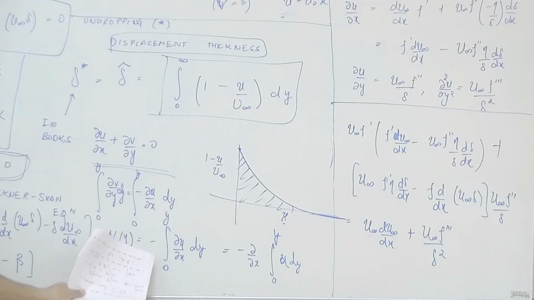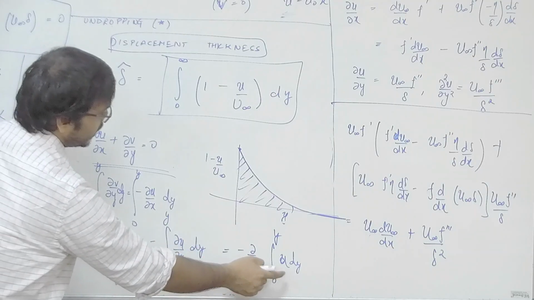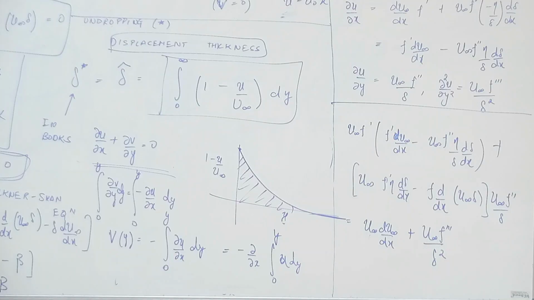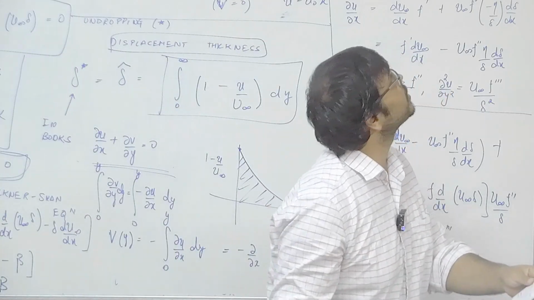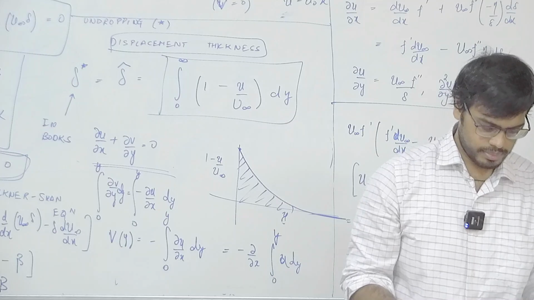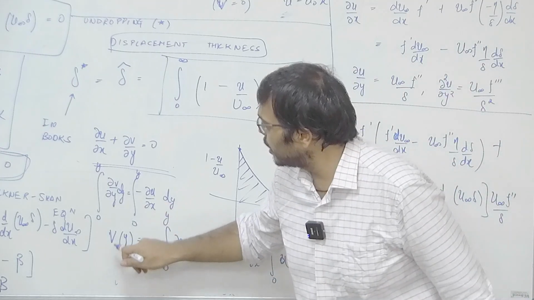You can do this change of differentiation, because if your y is not a function of x, these are all independent coordinates. So you can bring the del by del x here, and you can add and subtract u infinity here. Once you add and subtract u infinity, I'll show you why this is called a displacement thickness in the next lecture. So we'll continue from this point.